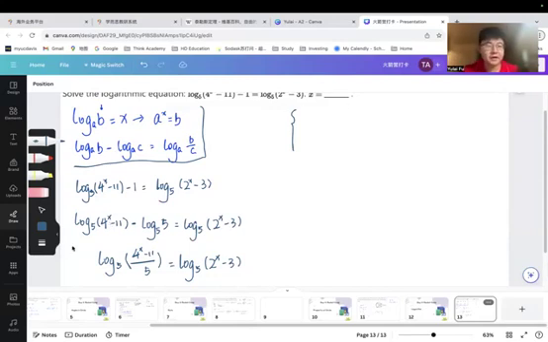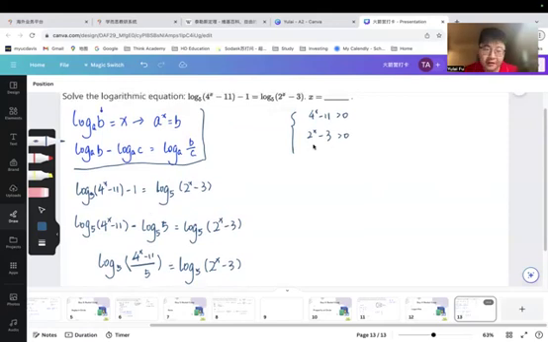Because our base number is 5, this expression must be greater than 0, and this one is also greater than 0.